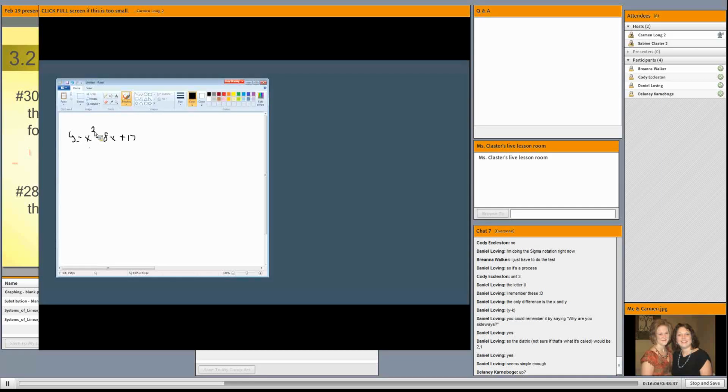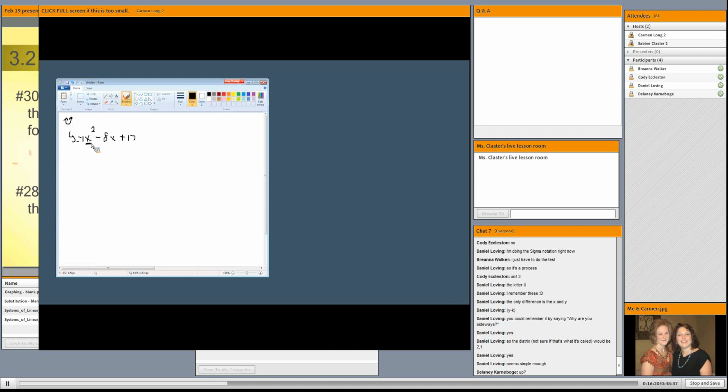Delaney's going to guess. I'm proud of you. There you go. It is going to open up because the x is the variable that is squared, and we know that there's a positive number here, so this parabola, when we go to graph it, is going to point upward. If the y was squared, then we would know it was left or right. But since the x is squared, we know it's going to open up or down.